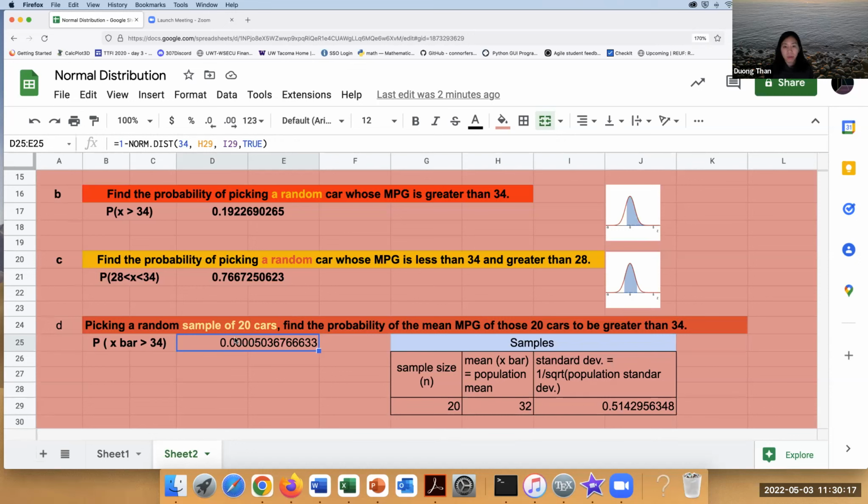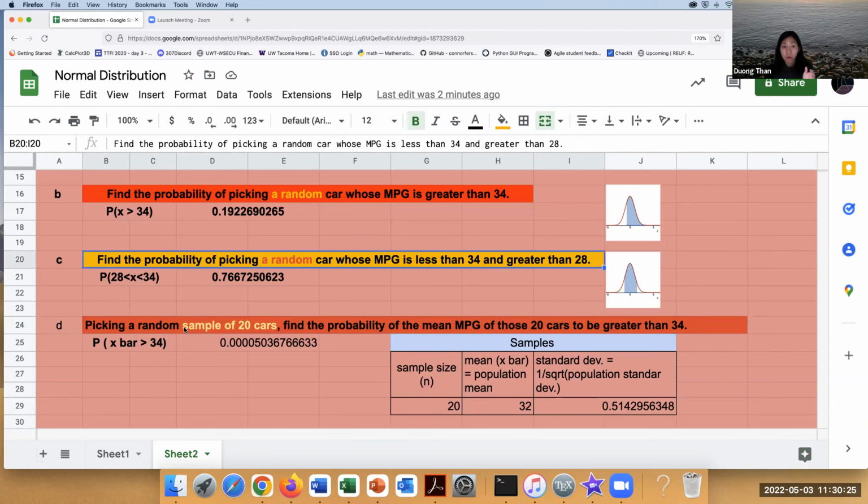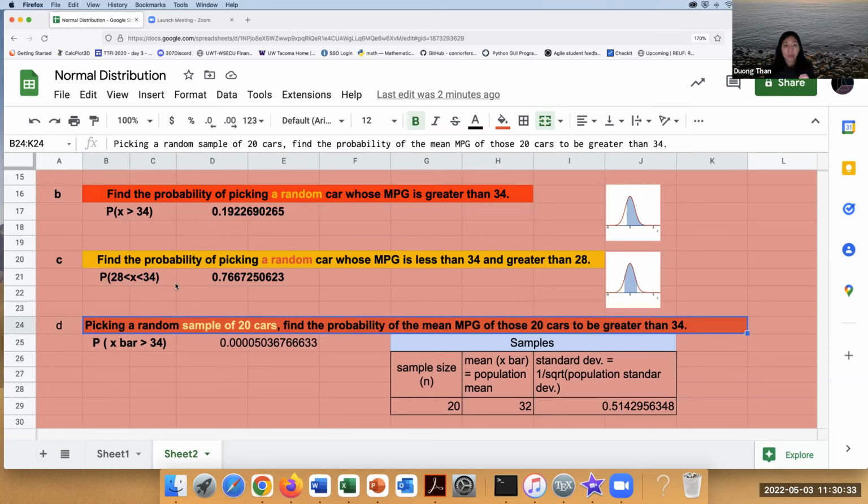So you want to pay attention to whether you're finding the probability of a random car or the probability of the mean of a sample of 20, 30, or 40 cars. The mean of the population and the sample mean are the same, but the standard deviation of the sample mean is much smaller.